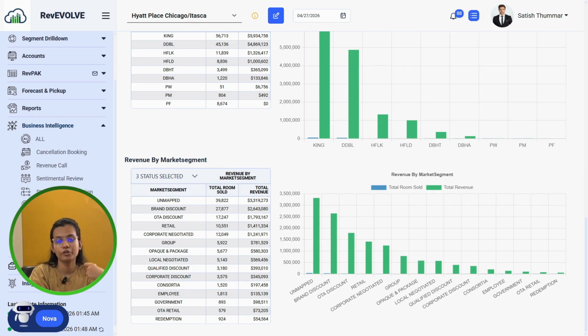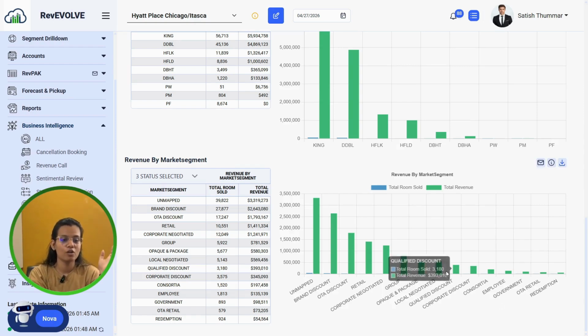Or if more is contributed from the employee side, the government side, or another market segment, then you should increase your rate for that market segment, room type, or rate code. The revenue strategy here would be to strengthen the direct booking channels, clean and map CRM data properly, launch targeted campaigns by segment and company, and reduce the dependency on discounted segments.